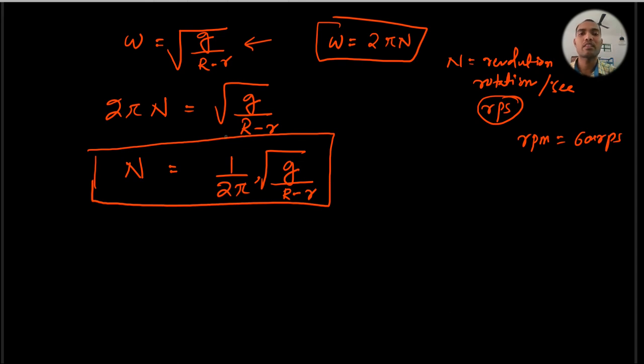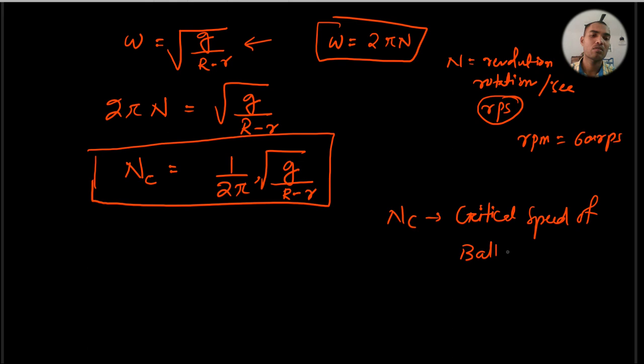Now we derived this at which condition? It is in the critical condition. So we can write it as NC. So NC is nothing but the critical speed of ball mill.